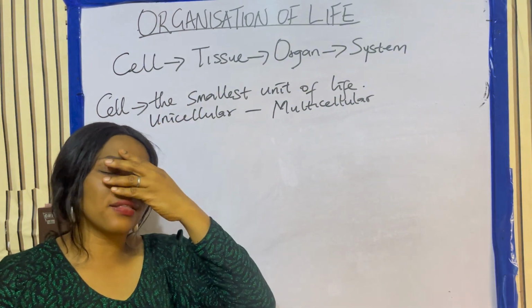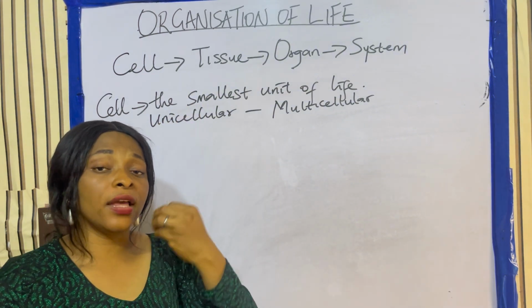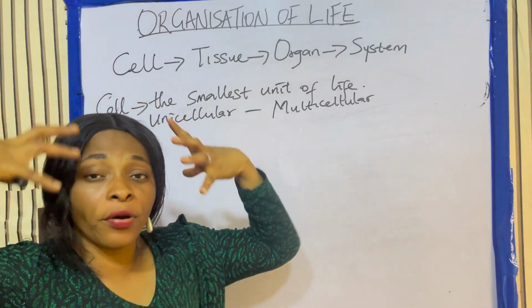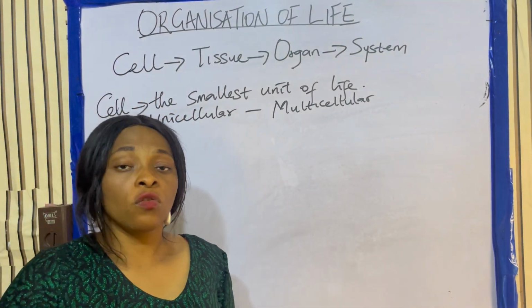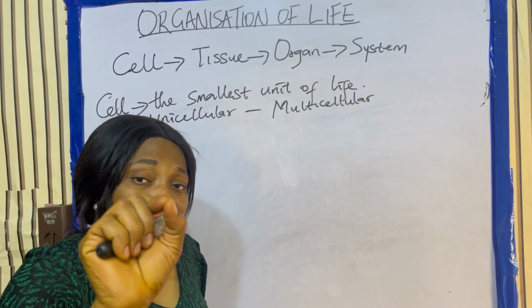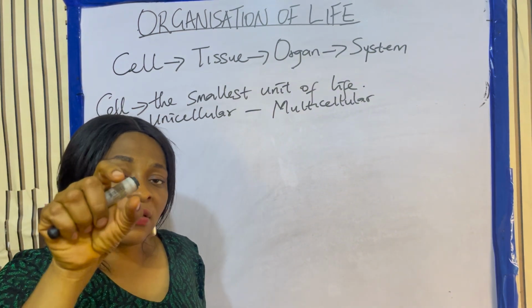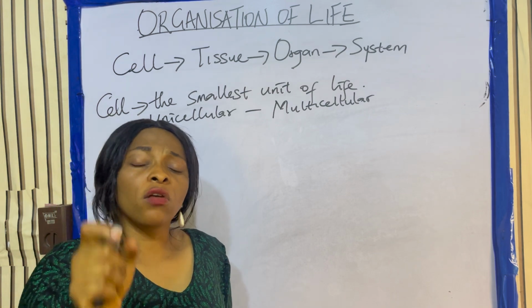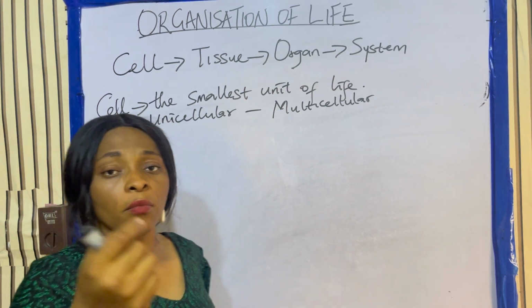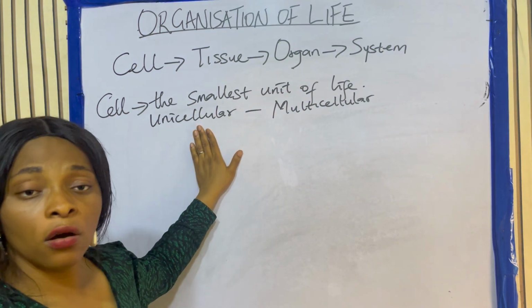Remember, this cell, you can't see it with the naked eye except with the aid of a microscope. So one cell, just imagine your body is made up of billions of cells. So bring out one cell. There are organisms that exist as that one cell if you bring out of your body. Those organisms that exist as one cell, we call them one-celled organism or unicellular organism.